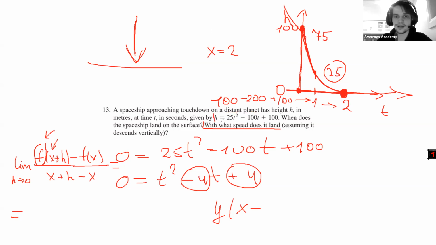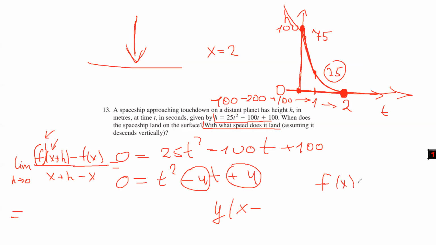Do you know what f of x means? Yeah, I know what f of x means. I'm just trying to find out what you would put for the f. For the f, look, f means function. f of x means y.